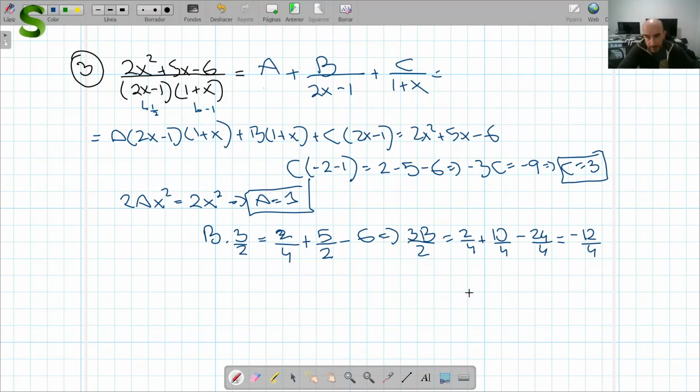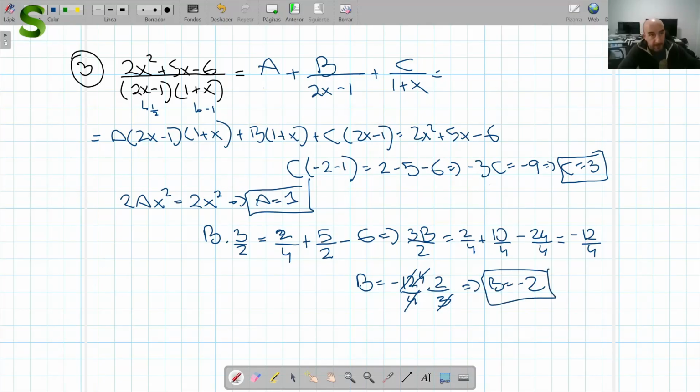And so b equals minus 12 quarters multiplied by 2 divided by 3. That's a 4. And that's b equals minus 2.